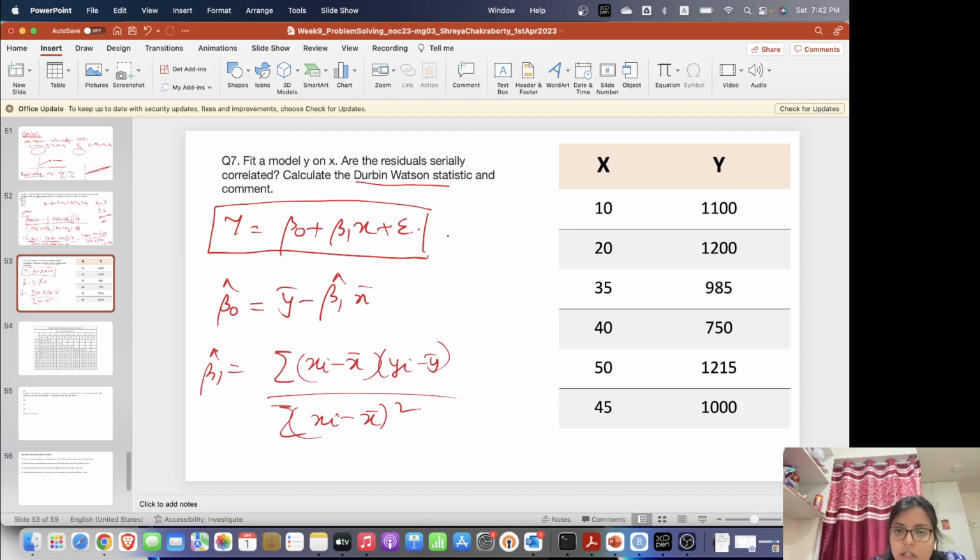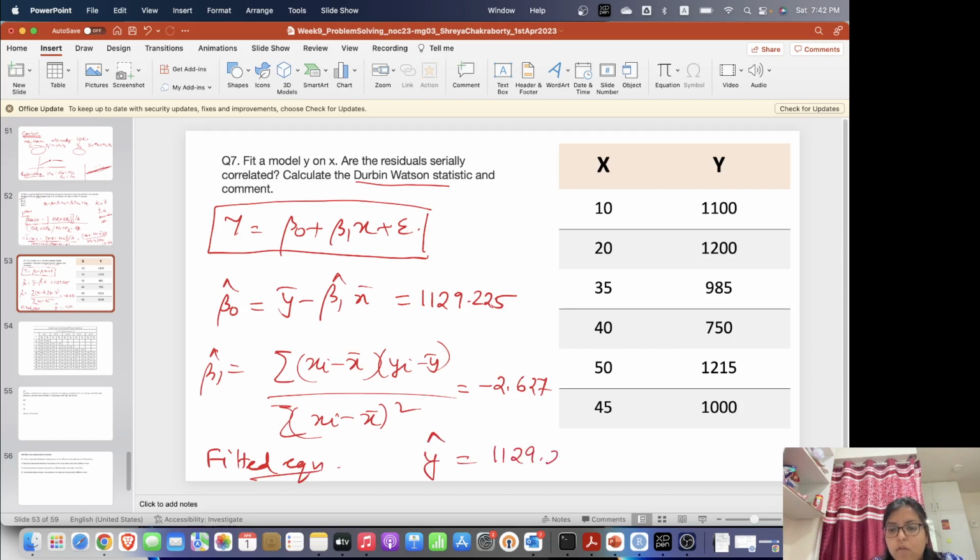So using this, we would get beta naught hat to be 1129.225 and beta 1 hat would come out to be minus 2.627. Okay, so then the fitted equation is y hat equals 1129.225 minus 2.627x.